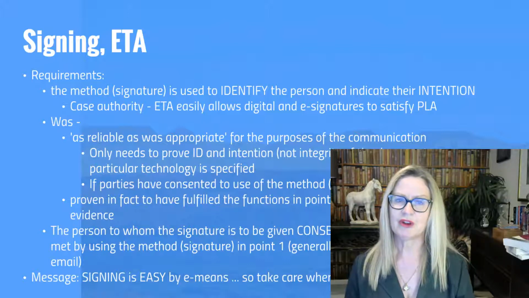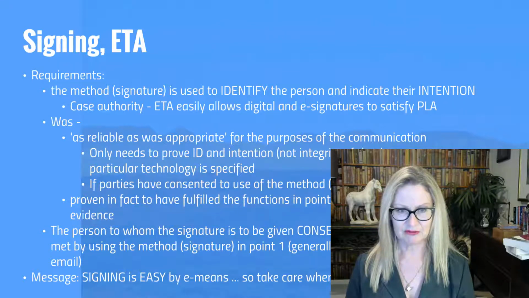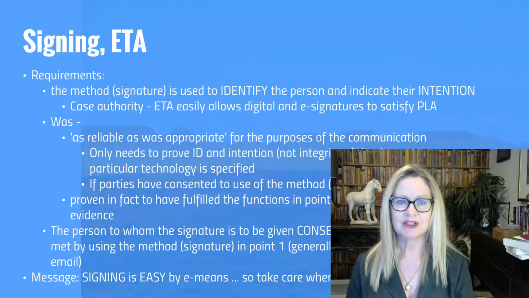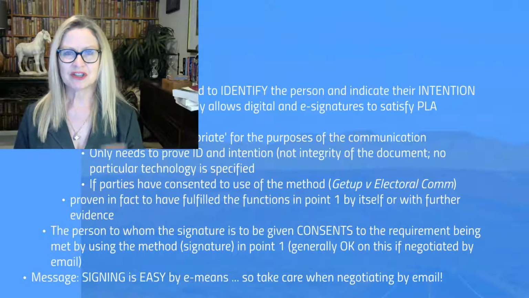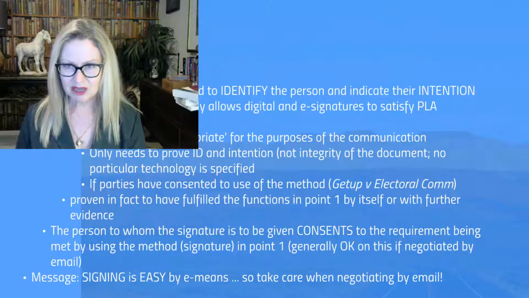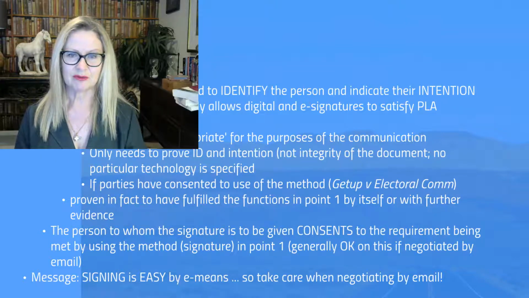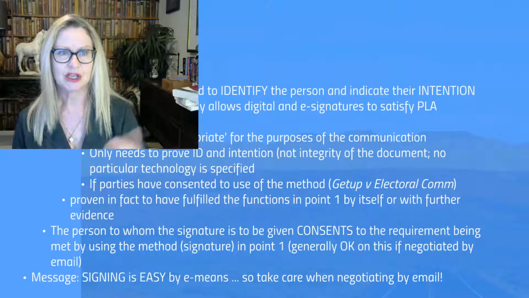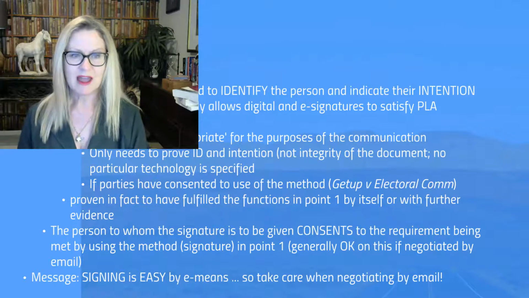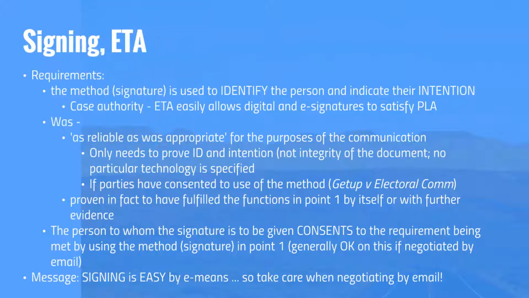It just needs to prove their identification and the intention that they have in relation to the document. Parties have consented to use of the method. Generally, if you're going to be negotiating by email, then you're taken to have consented to use of the method. It has to be proven, in fact, to have satisfied your point 1, and as I said, there has to be consent there.